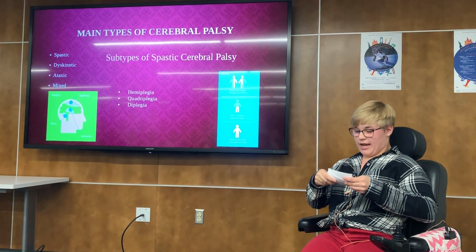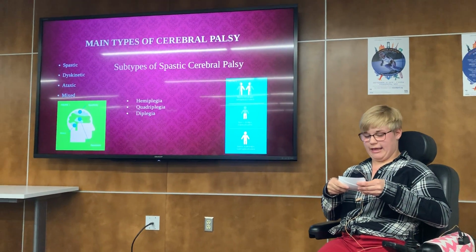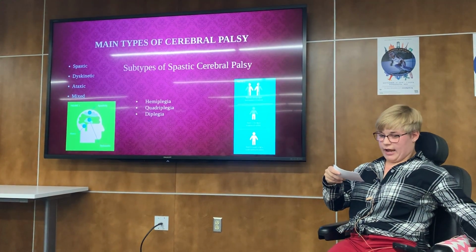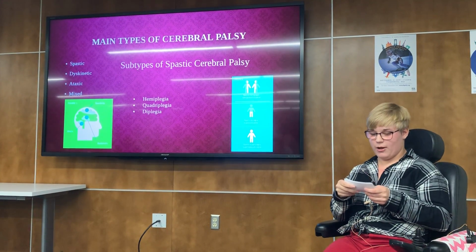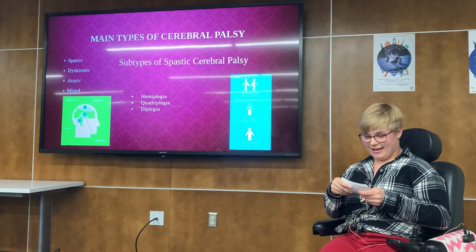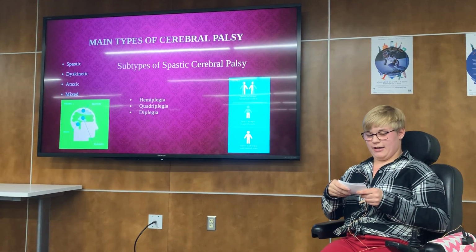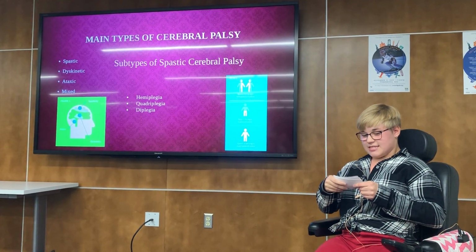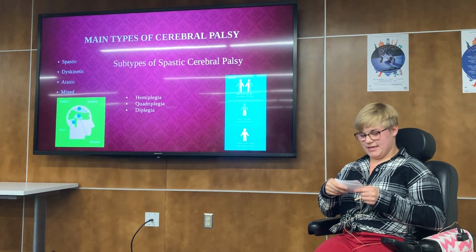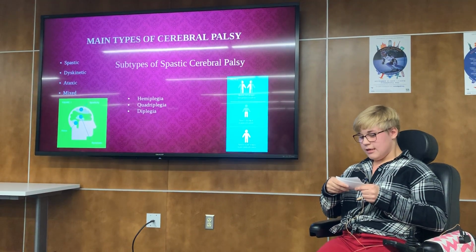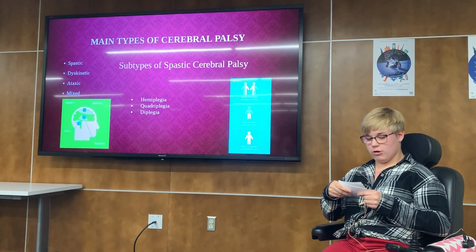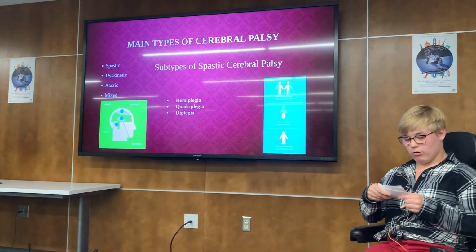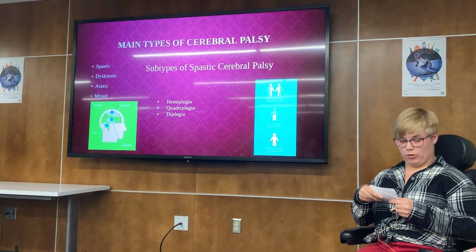The first subtype of spastic CP is spastic hemiplegia. This subtype affects only one side of the body, and typically it will affect the arm of the affected side more than the leg. The second subtype of spastic CP is spastic quadriplegia. This subtype involves all 4 limbs, and typically the lower limbs will be more affected than the upper limbs.